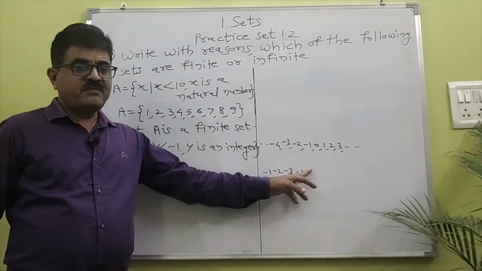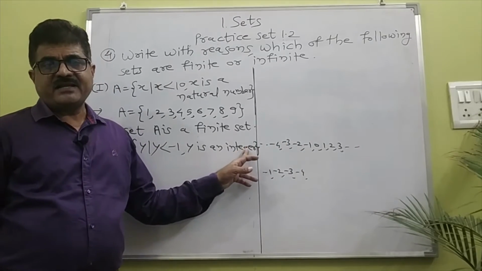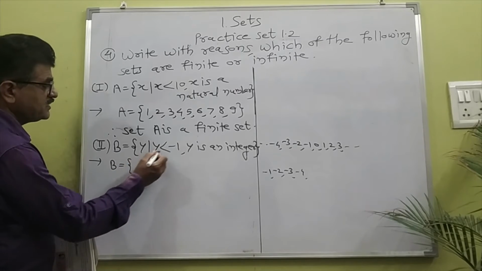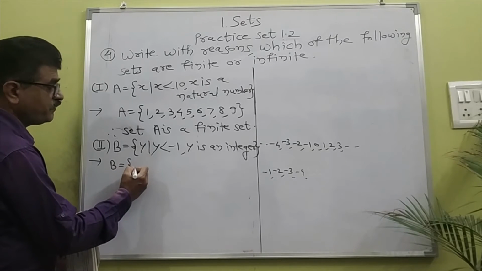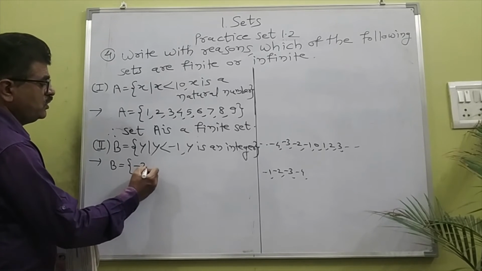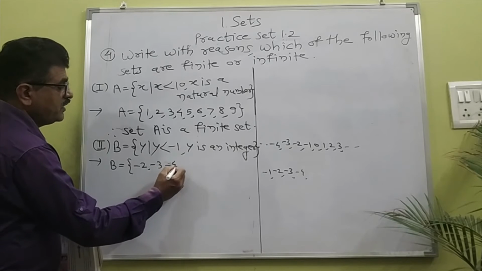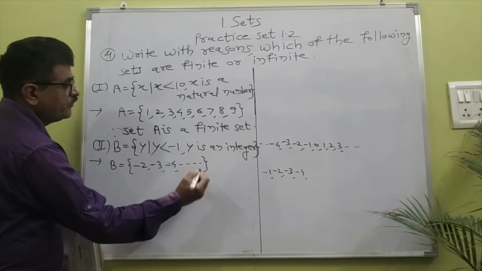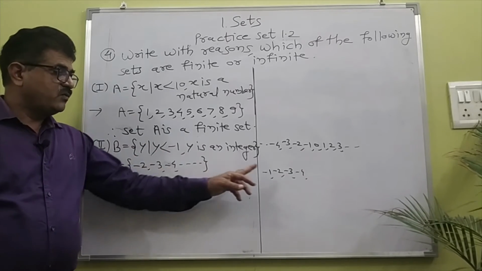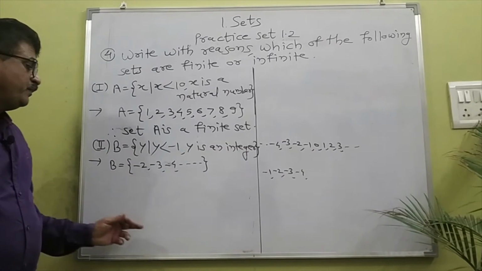All these are less than minus 1. या बाजूचे कसे minus 1 च्या less than आहे. Therefore we can write that set B contains values less than minus 1: minus 2, minus 3, minus 4 and so on. minus 1 पेक्षा लहान कोणती, minus 2, minus 3, minus 4 and so on.